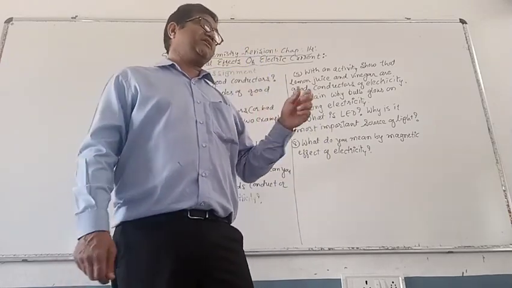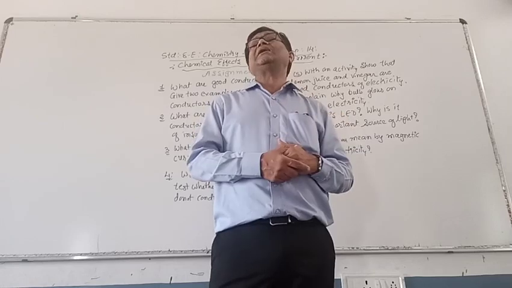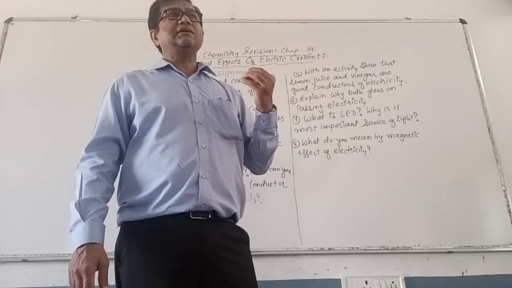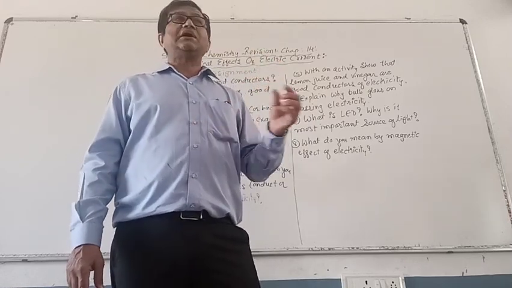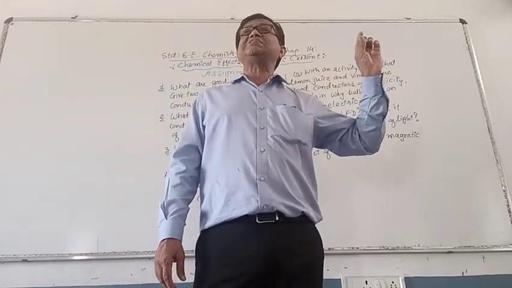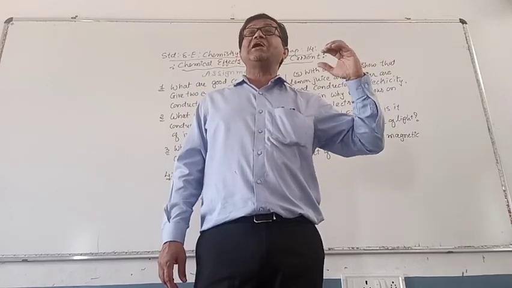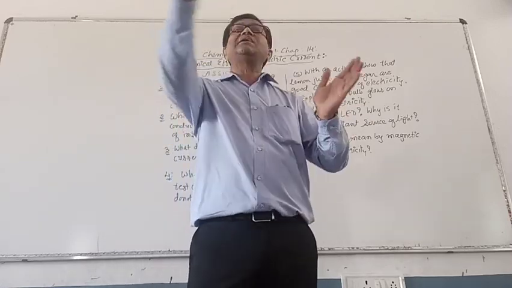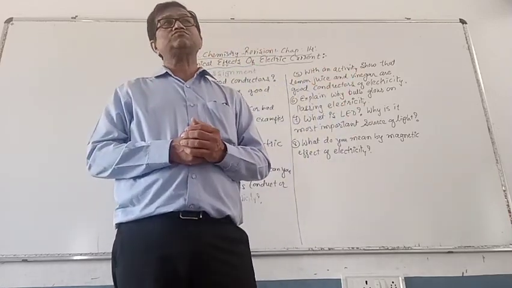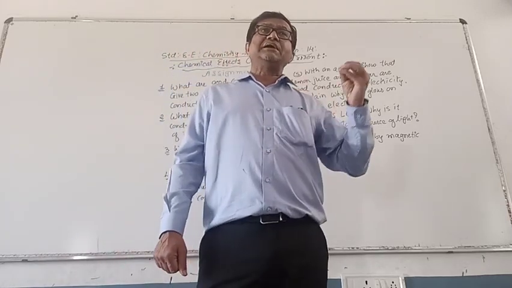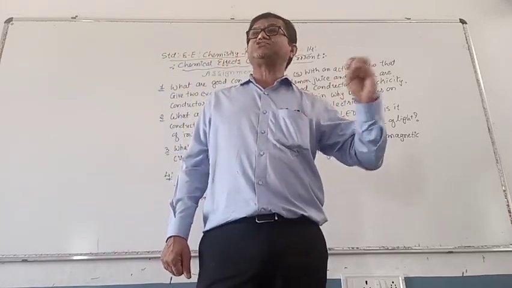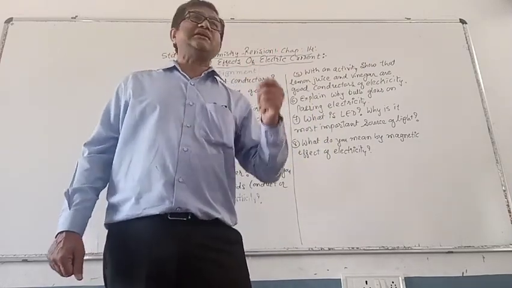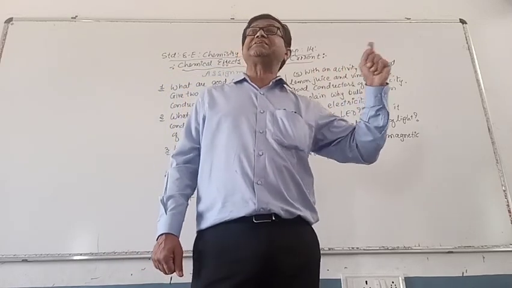When we switch on the electric switch, what happens? Here in the wires, the negatively charged particles, which are known as electrons, are flowing in that wire. So the flow of negatively charged electrons in the conducting wire is known as electric current.